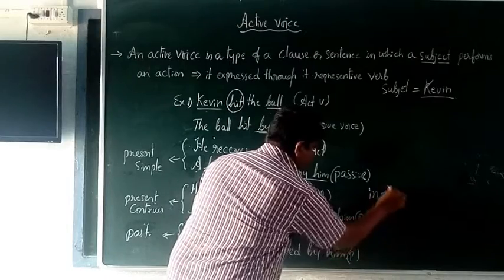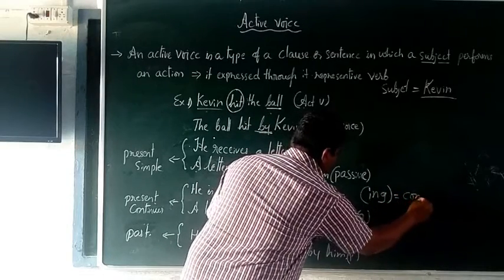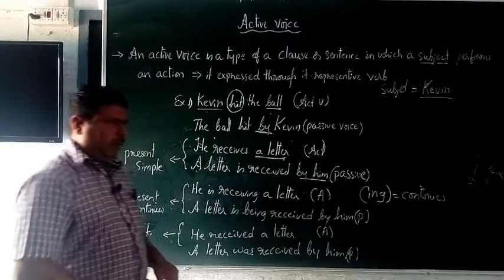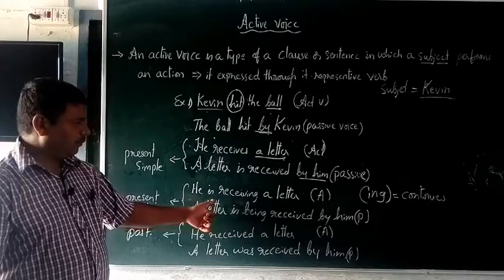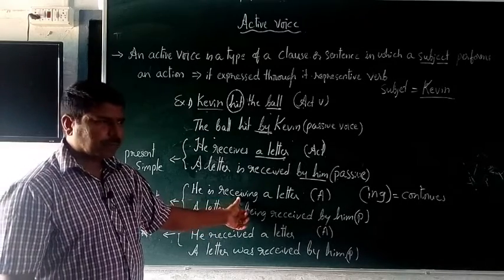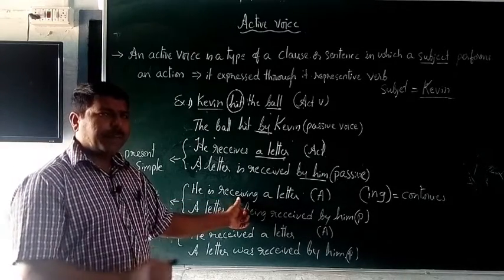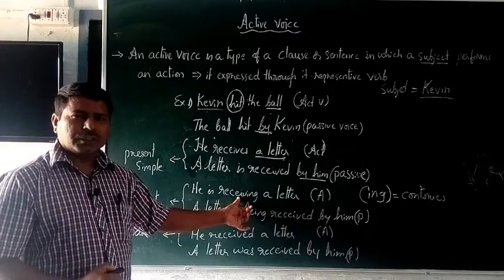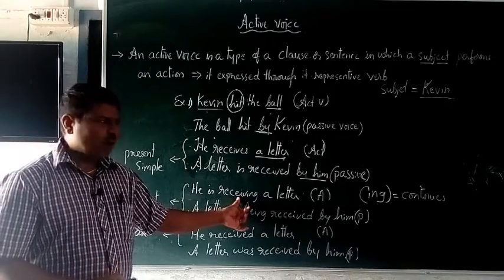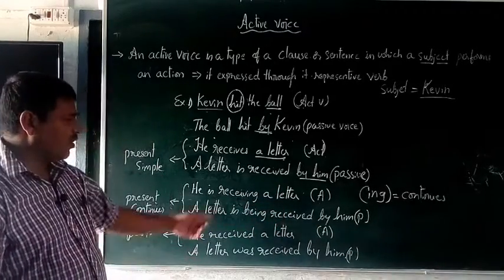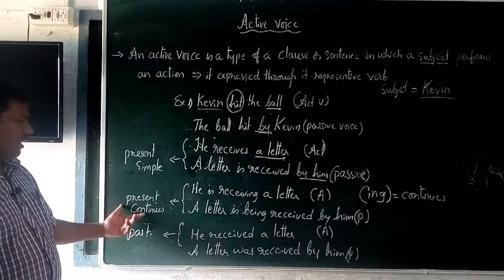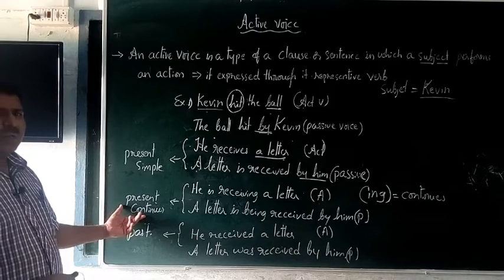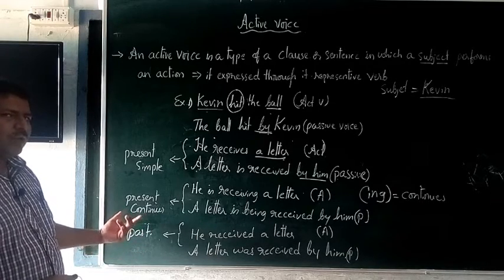This word is continuous: receiving, running, sleeping, eating, jumping, kicking, shouting, seeing, laughing. All that ing is called the continuous. So it is very clear: you just have to see whether it is present continuous or past continuous. When I come to the past, I will tell you how to understand that.